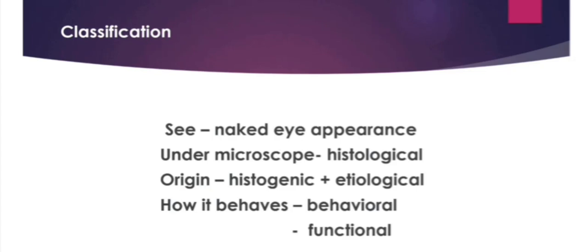Then you take a biopsy or cytological aspiration and see it under the microscope. So histology or histological classification. Then you try to find the origin of it. So there comes histogenic or etiological classification. And then we try to know how it behaves. So behavioral or functional classification.